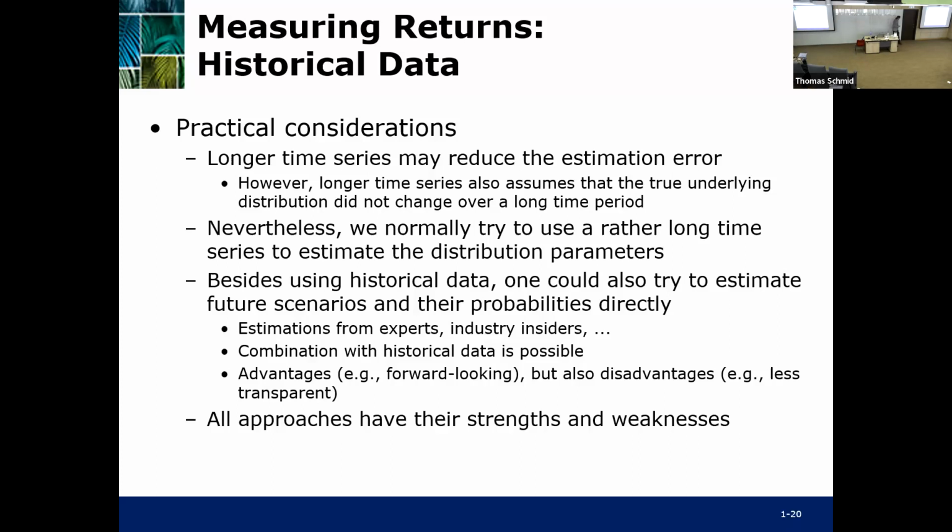And sometimes, and that is also why it's really important to know your industry, you do have some structural breaks. Think about deregulation. An industry could be regulated until some time, and then suddenly it becomes deregulated, like in many parts of the world, this happens with electricity generation. Obviously, before and after deregulation, these firms were very different.